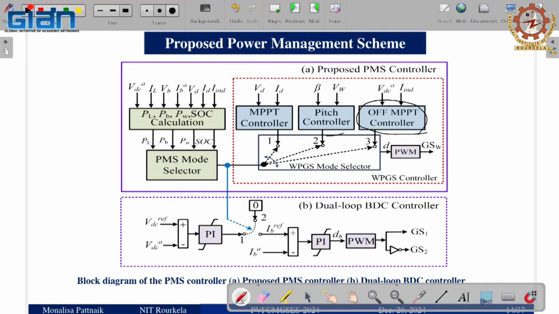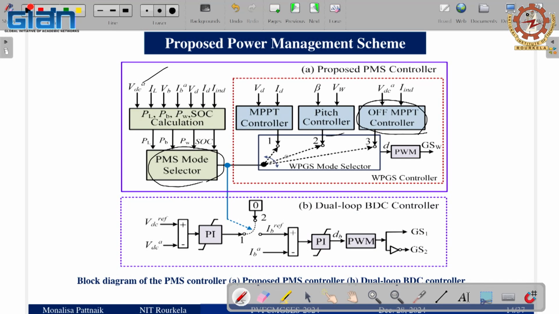We cannot overcharge or discharge it, so that we can have a better life for the battery. Here all the voltages and currents are sensed, and then the power management scheme will decide the mode.